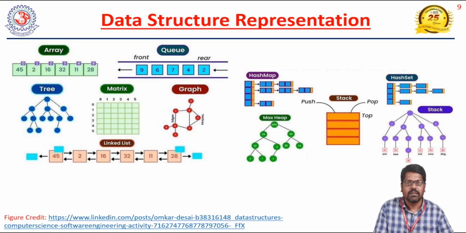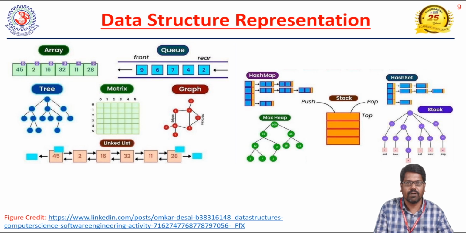A queue is also called FIFO, first in, first out. That means whatever element we added first into the queue is the element we remove first from the queue. In the diagram, the front element is the one we added first into the queue, and the remaining elements are added after it.